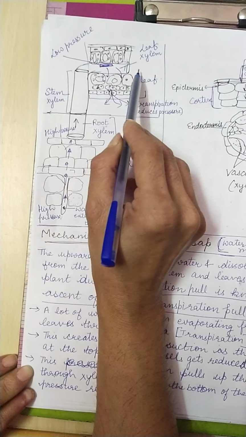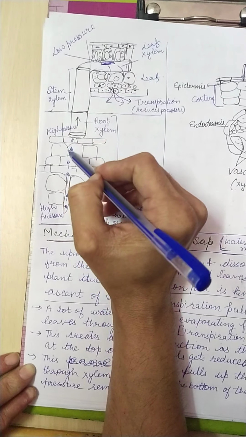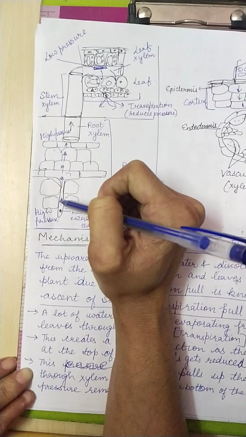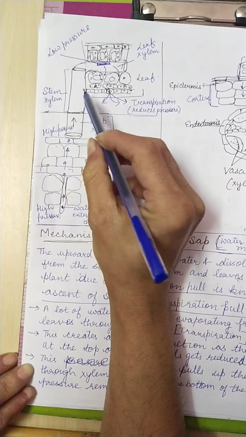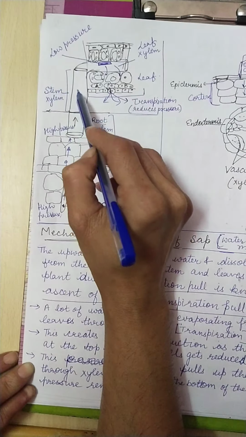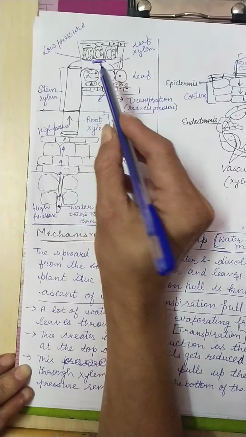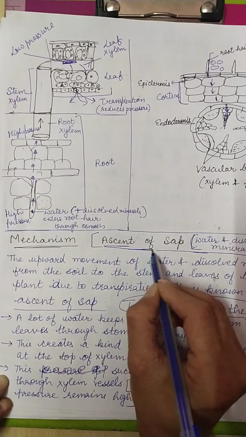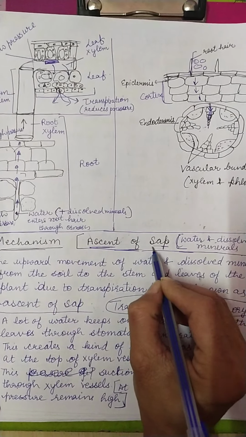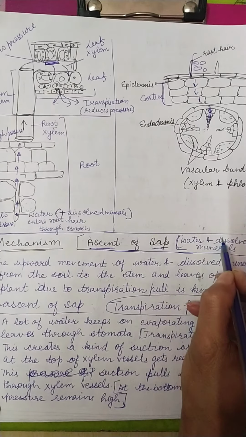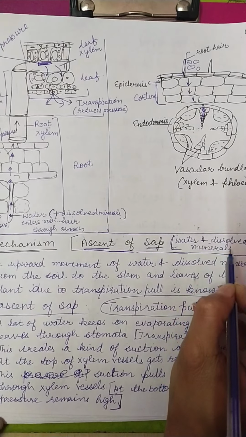This upward movement of water and dissolved minerals from the roots to the stem and leaf is called ascent of sap. Ascent means upward movement and sap means water in which minerals are dissolved.